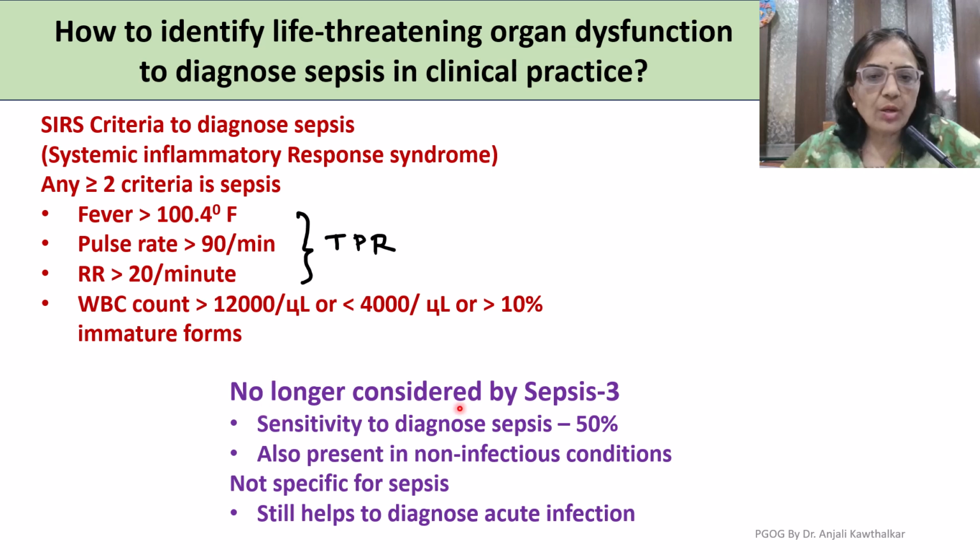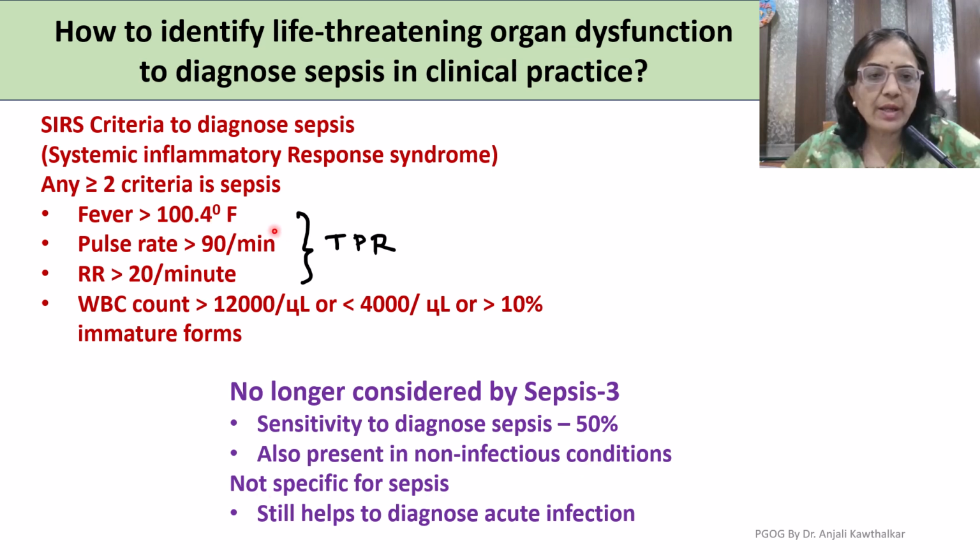Now, why it is no longer considered by Sepsis-3 is that its sensitivity to diagnose sepsis is low, 50%. That means even if the patient has sepsis, you might not get two features in as high as 50% of the patients. You are likely to miss the diagnosis. And it is also present in non-infectious conditions, so it is not specific for sepsis only.